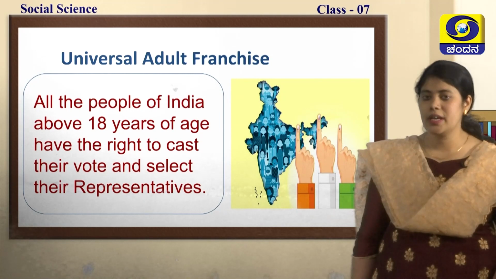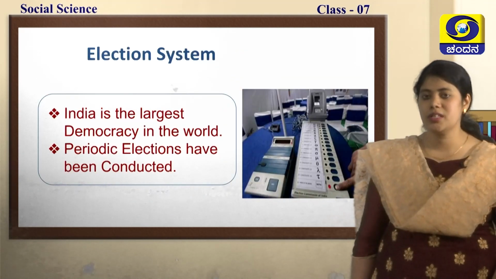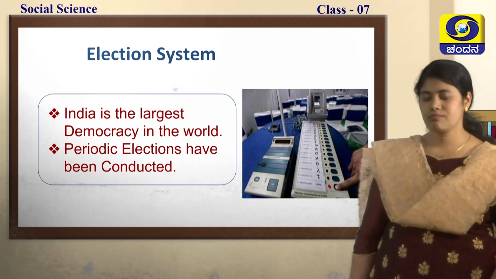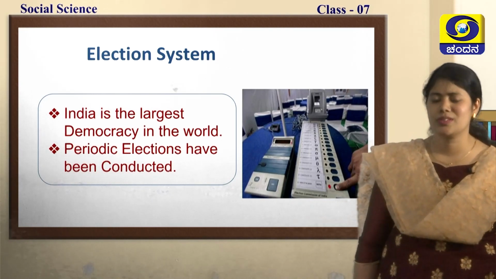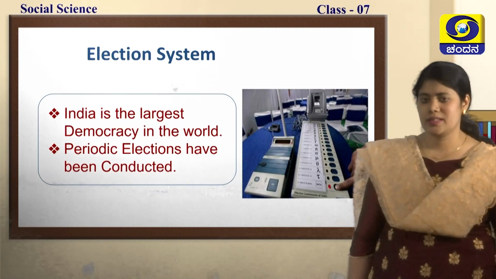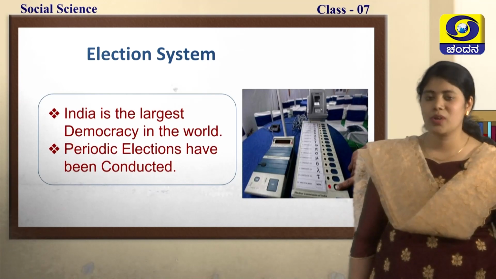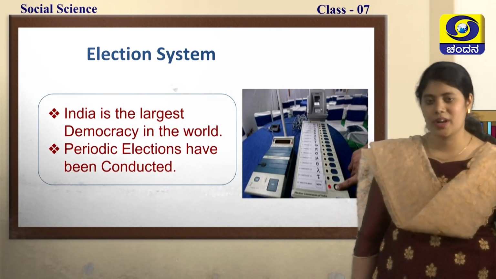We will move on to the next feature of our constitution. So, next is the election system. What do you think is this election system, dear students? I think you have seen that every 5 years we have an election, right?